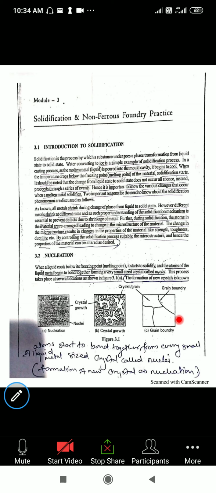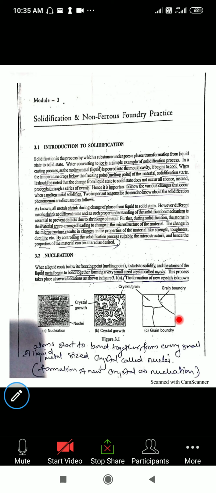Then when it starts to solidify, the atoms of the different alloys touch each other and create a small seed, the initial stage of a crystal. That is called a nuclei. Keep in your mind, a very small crystal or the initial stage of a microcrystal is called a nuclei.